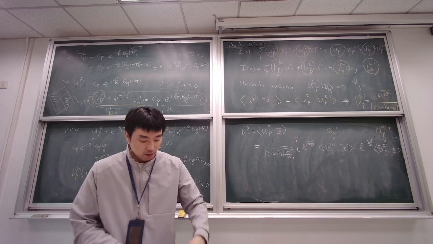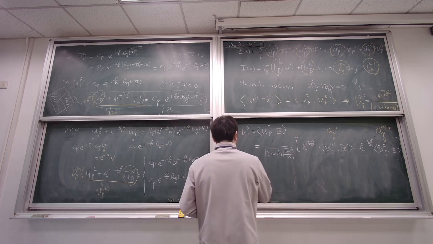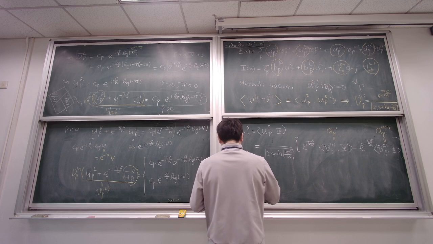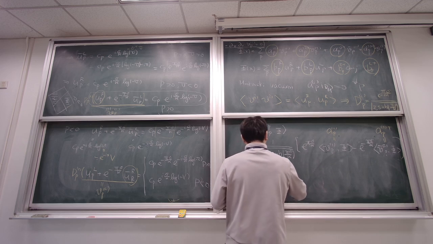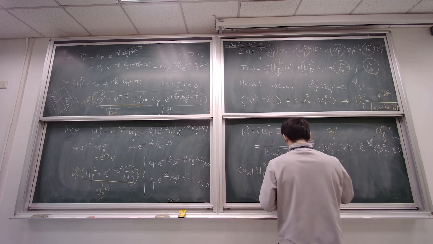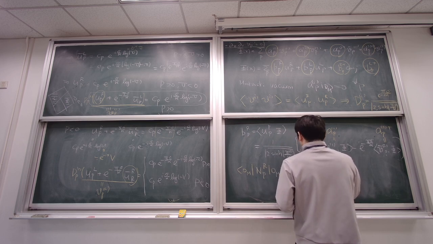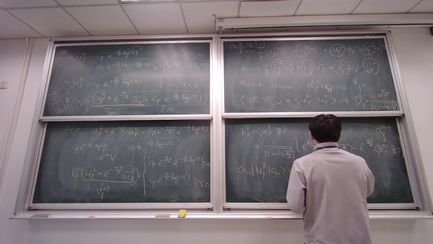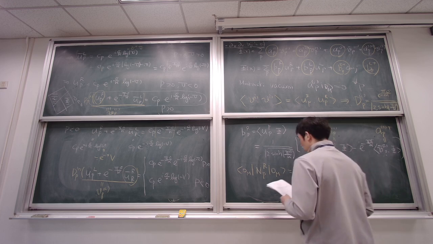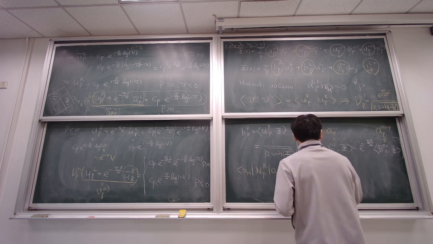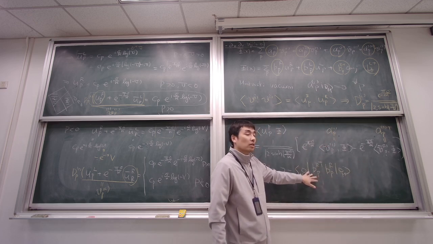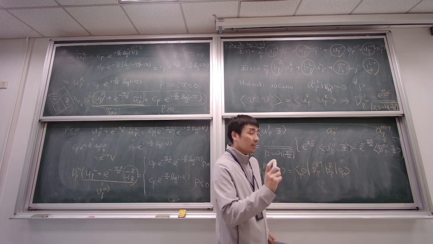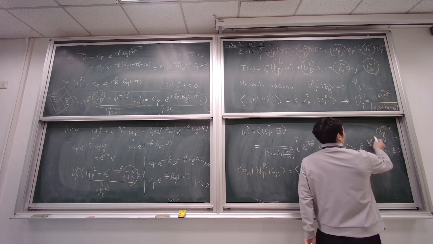So now we just want to evaluate the following: the Minkowski vacuum, B_P,R dagger, B_P,R, Minkowski vacuum, and plug this relation in here. We only see this square, right?